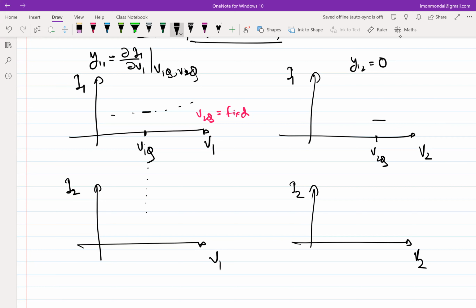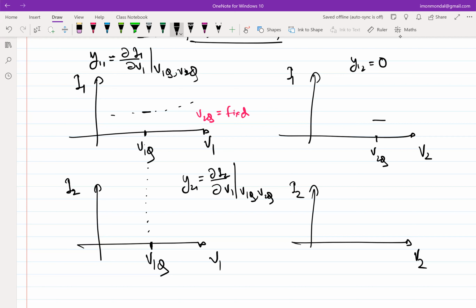Similarly, in case of Y21, which is ∂I2/∂V1, under again a quiescent condition of V1Q, V2Q. And I want Y21 to be what? High or low or 0? High.